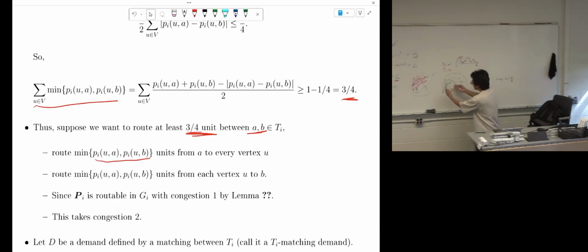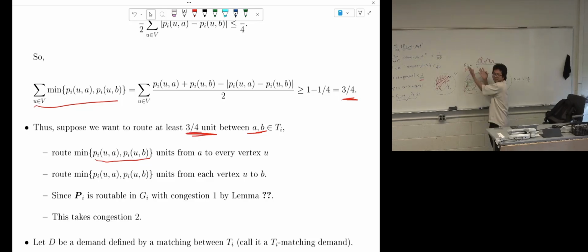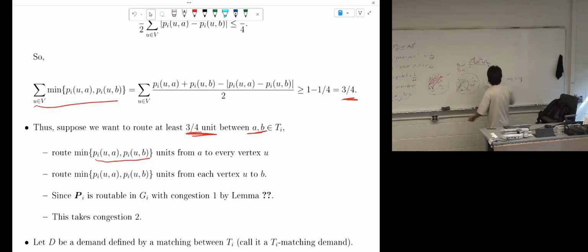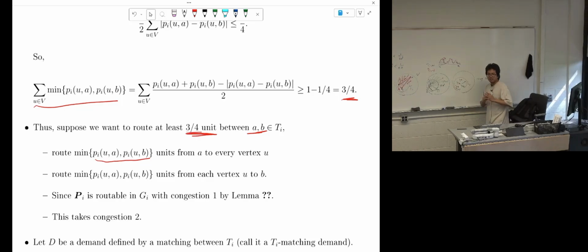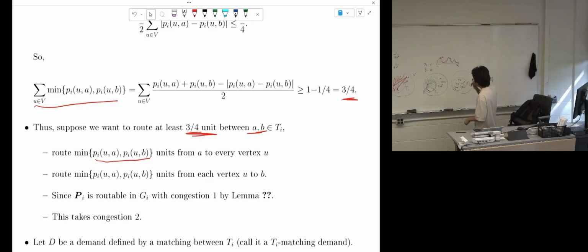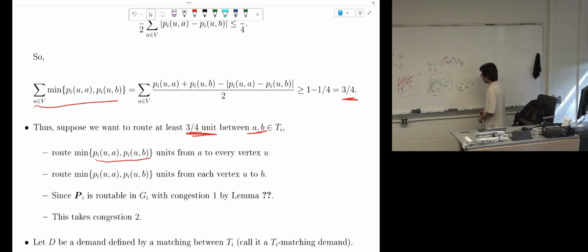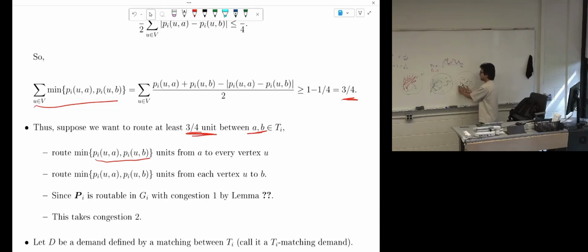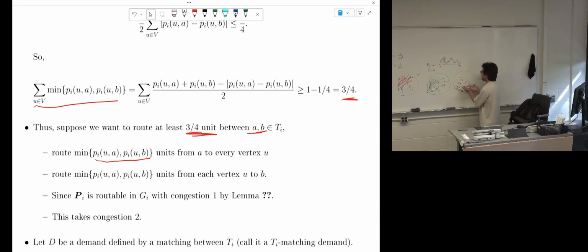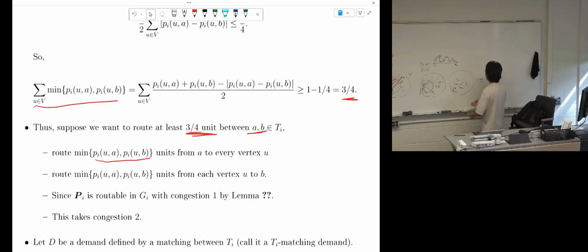Why? Because whatever you route here, just scale it up by 4/3. Make sense? Okay. And now, this is a matching demand, so you can route any matching demand.